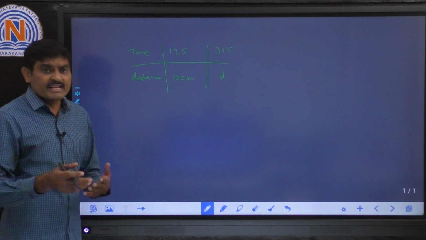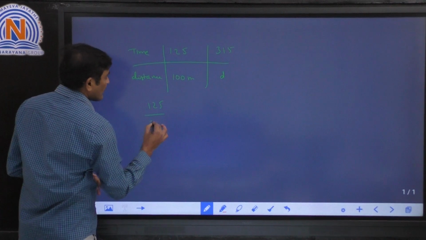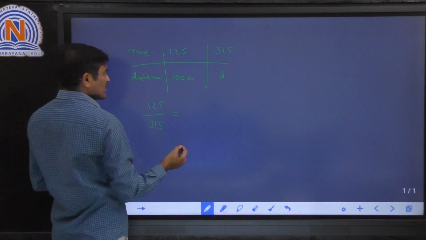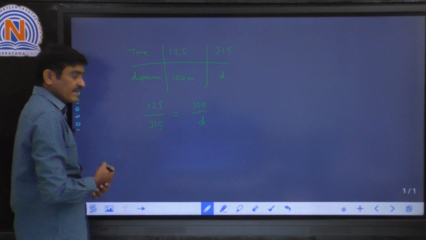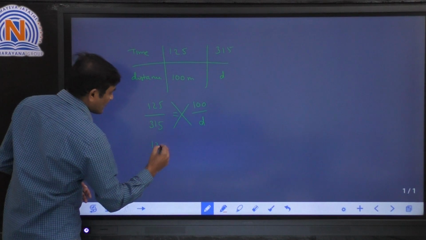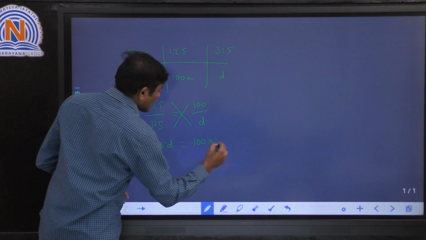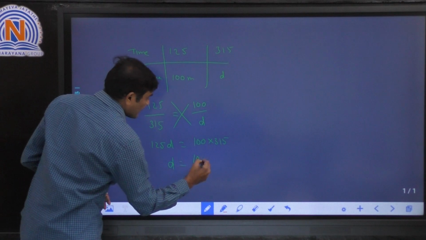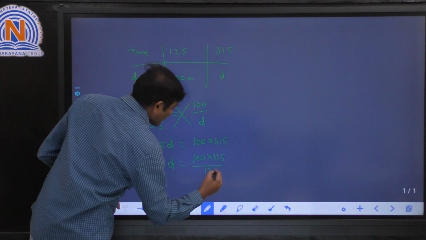When it is direct variation, we can write that 125 by 315 is equal to the distance ratio, that is 100 by D. While doing the cross multiplication, 125D is equal to 100 into 315. Then D is equal to 100 into 315 by 125.